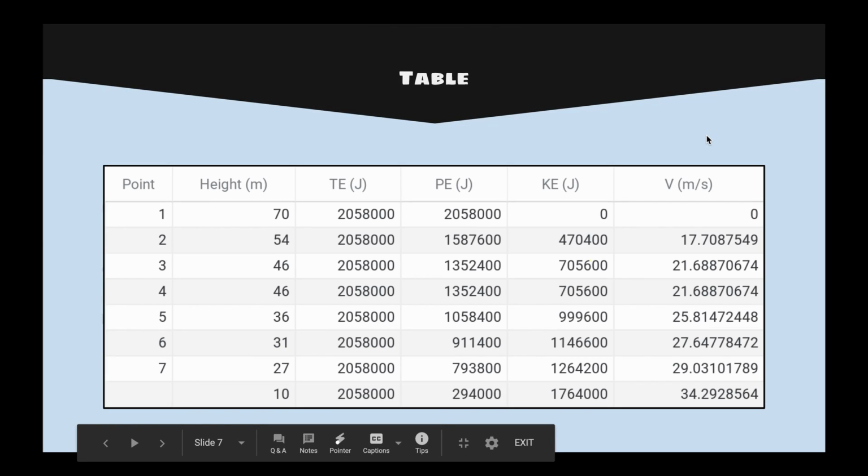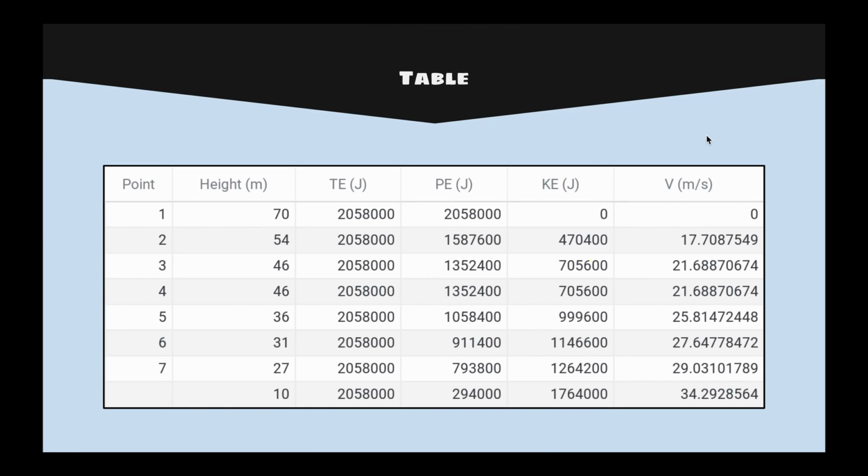Next, we have a table with 8 points, and we have the height, the total energy, the potential energy, kinetic energy, and then the velocity of the coaster in meters per second.